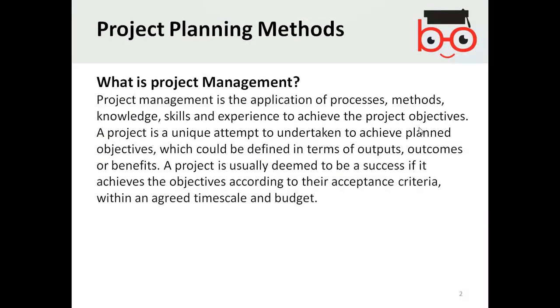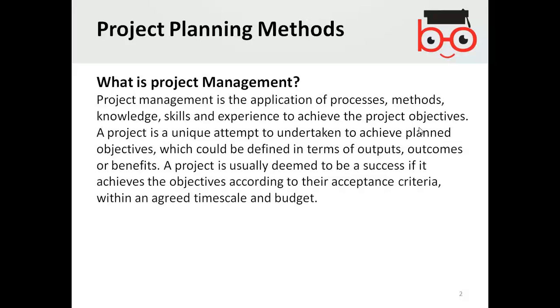If you have a planned objective to achieve something, it's a project, which could be defined in terms of outputs, outcomes, or benefits. A project is usually deemed to be a success if it achieves the objectives according to the acceptance criteria within an agreed time scale and budget.